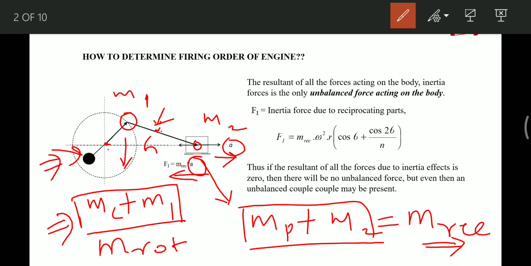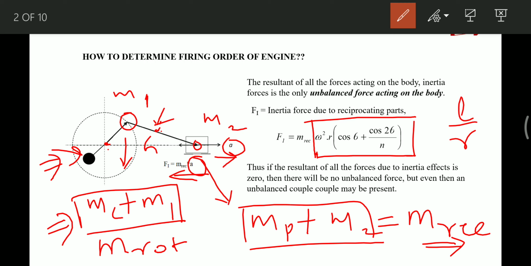The value of acceleration we have already found by the calculations from the kinematics of this crank mechanism, which is omega square r into cos theta plus cos 2 theta by n, where n is the ratio of the length of the connecting rod to the radius of the crank.